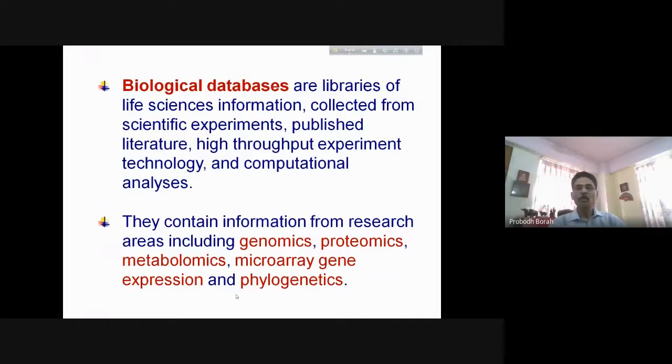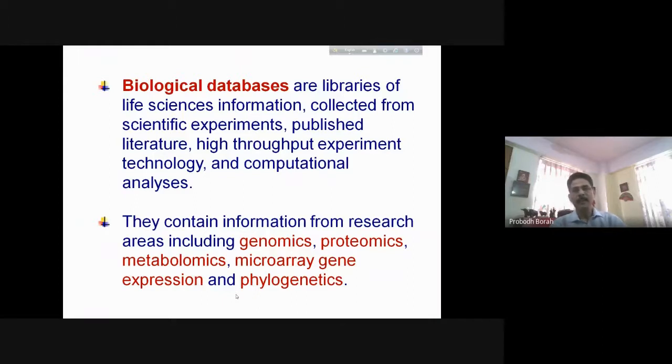So not only documentation, but also in storage, analysis, and interpretation of such data, the manual methods were not found to be quite suitable. And therefore, people started using computers for storing those data and sharing among scientists.